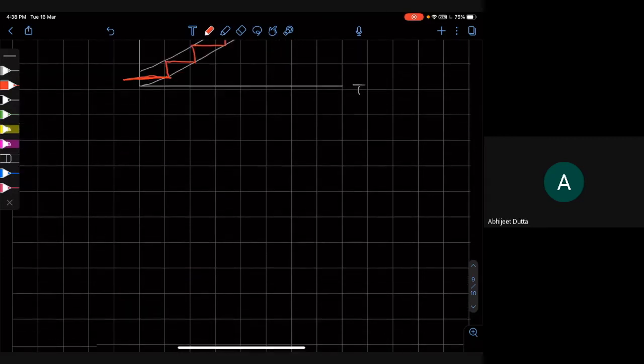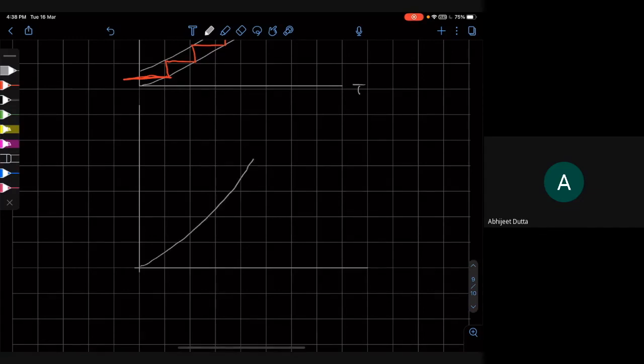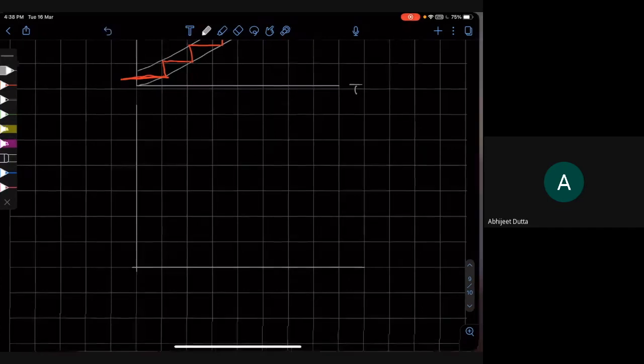But since entropy actually does go to 0 as T goes to 0, the real nature of this curve is different. The curves actually look more like this.